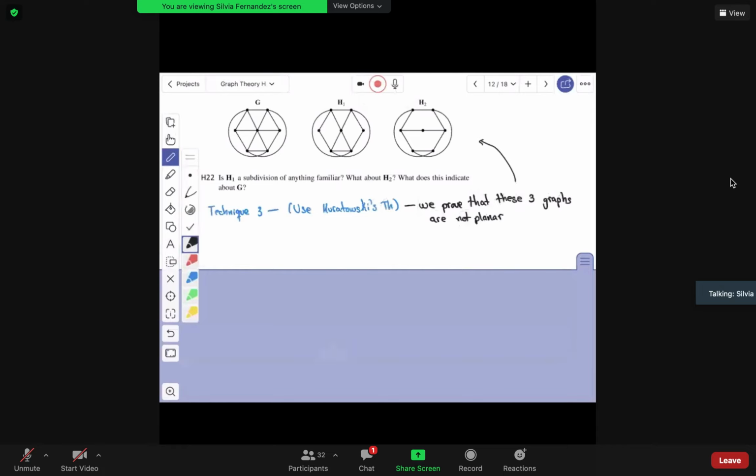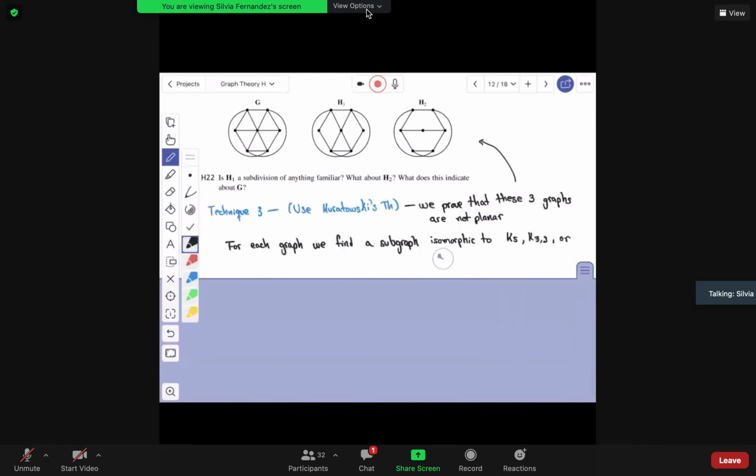For each one, we find a subgraph isomorphic to K5, K3,3, or a subdivision of them.